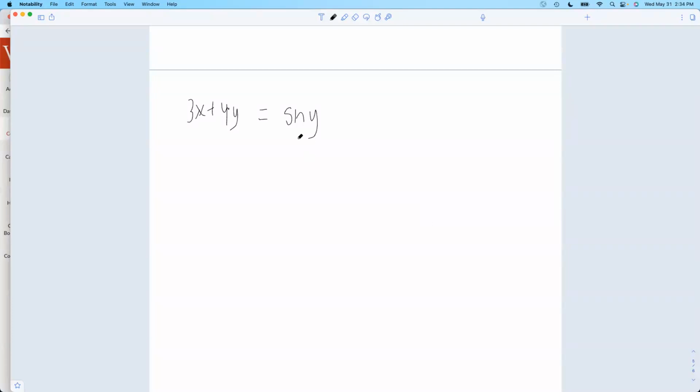Okay, let's start with this one. I've got this curve, 3x plus 4y equals sine of y. There's no way for me to solve this explicitly for y. I'm going to take the derivative of both sides.